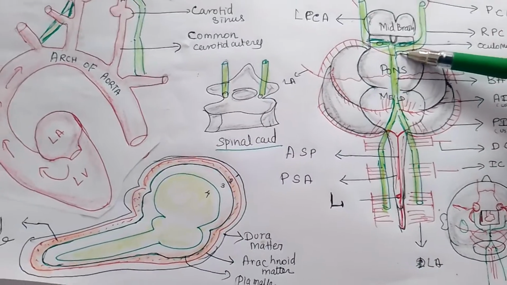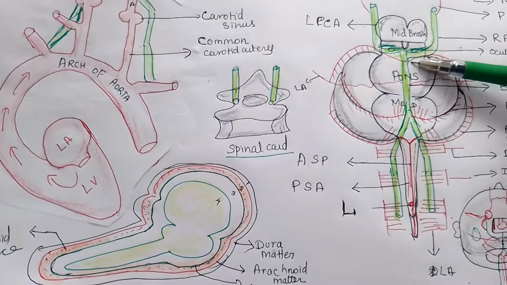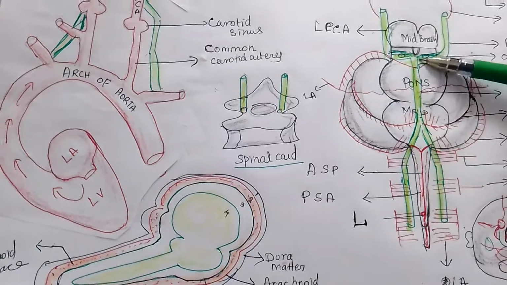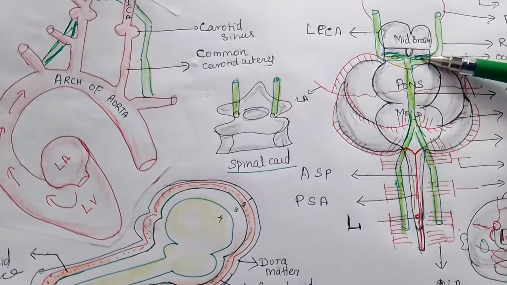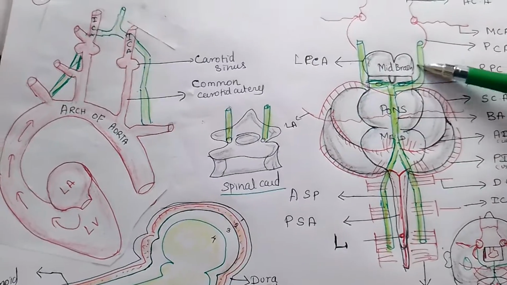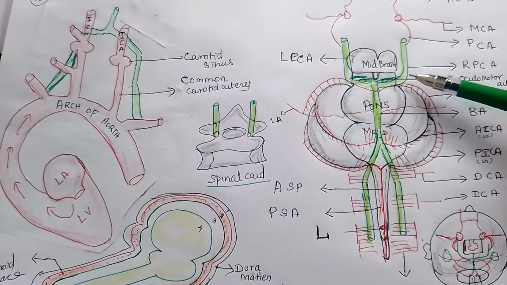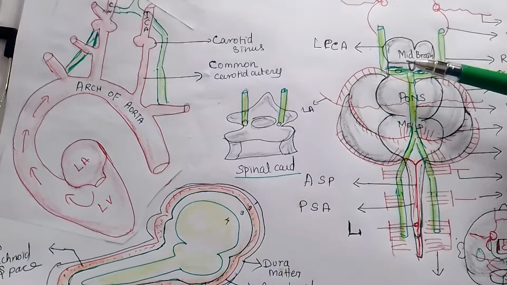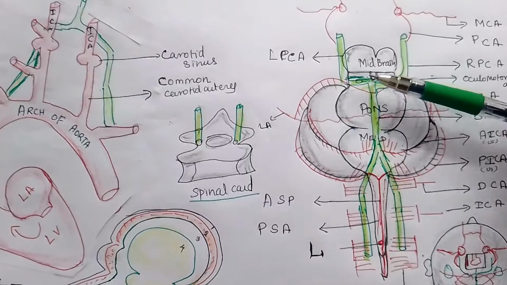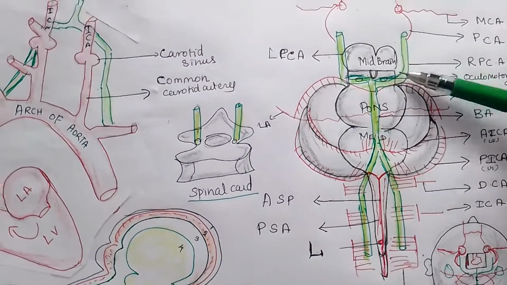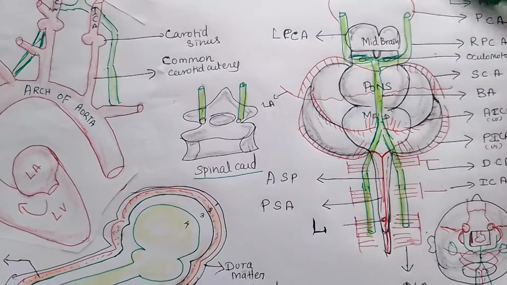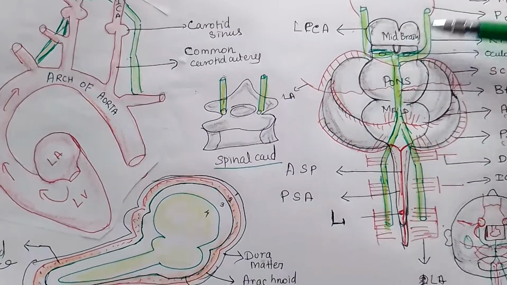So this is the basilar artery. Then it goes just below the midbrain and just above the third cranial nerve, the oculomotor nerve, and divides into two parts, namely the right posterior cerebral artery and the left posterior cerebral artery.